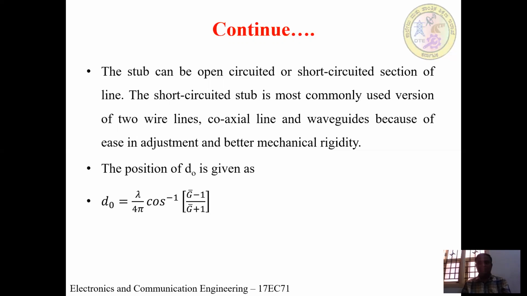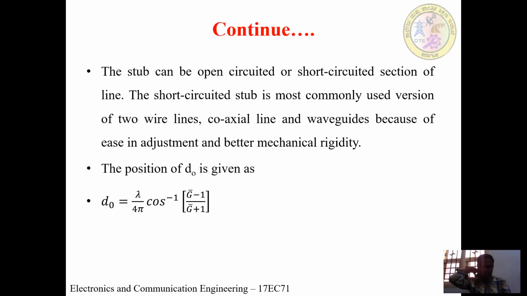The short-circuited stub is the most commonly used version for two-wire lines, coaxial lines and waveguides because of easy adjustment and better mechanical rigidity.